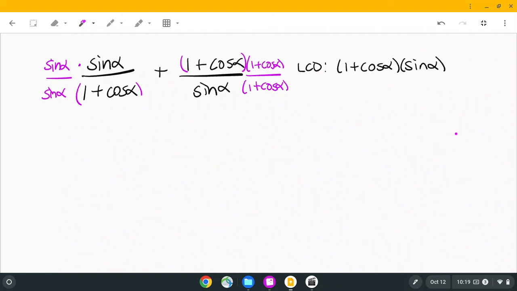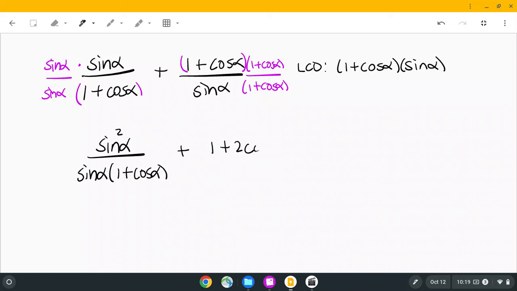Now I have common denominators. This is sine squared alpha over sine alpha times 1 plus cosine alpha. And here I'm going to multiply this out. That gives me 1 plus 2 cosine alpha plus cosine squared alpha, all over sine alpha times 1 plus cosine alpha.